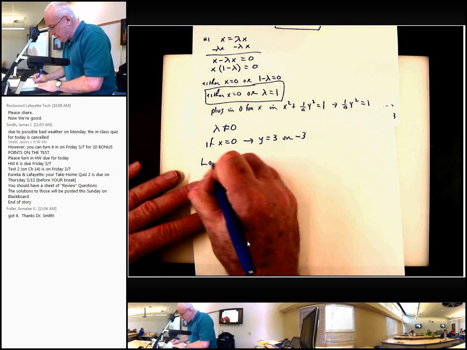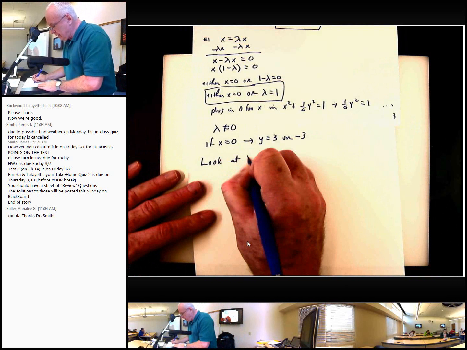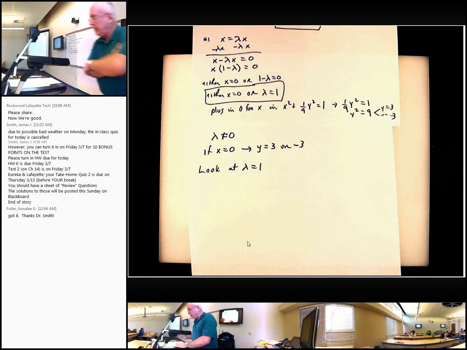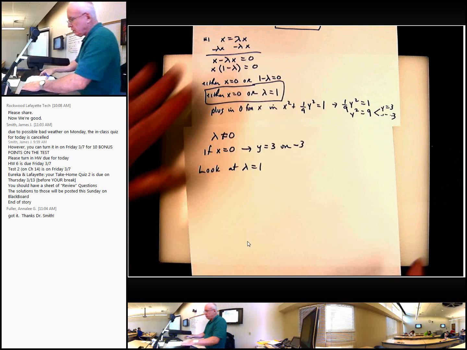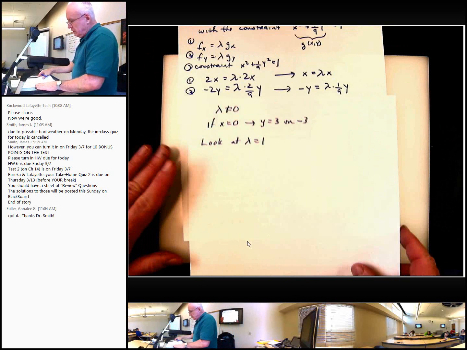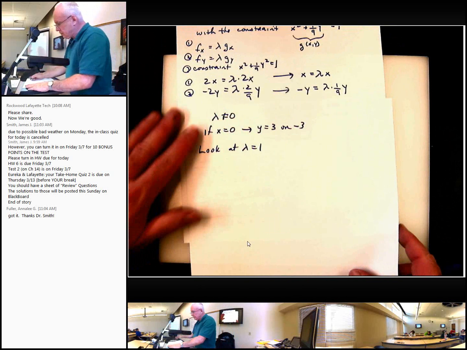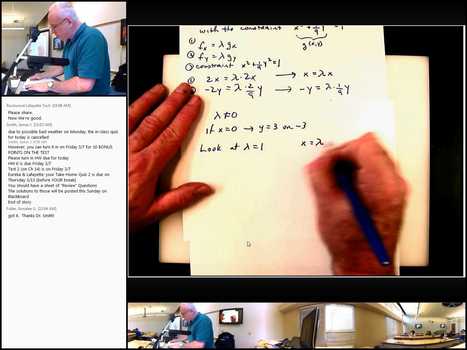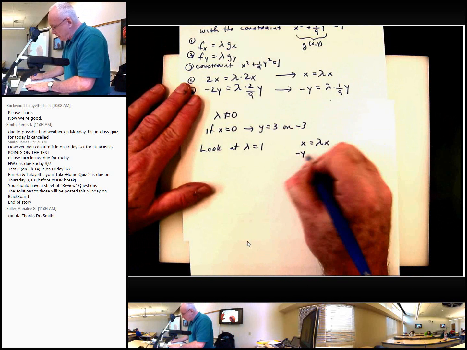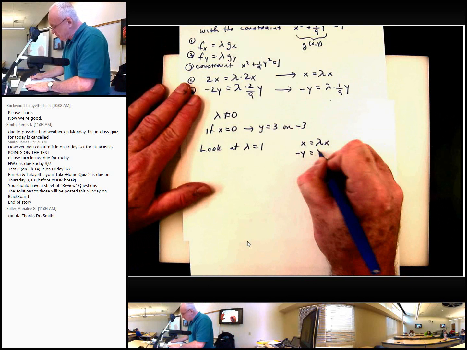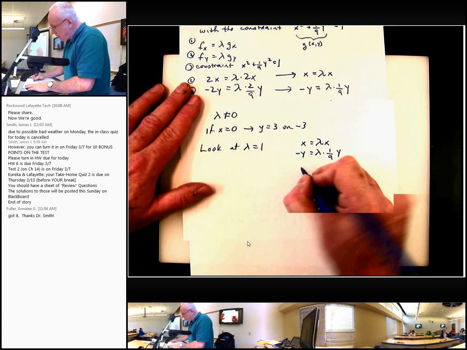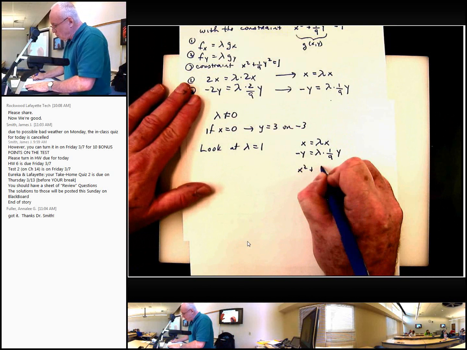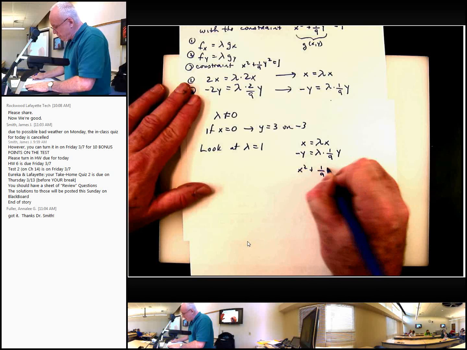Now let's look at lambda equaling 1. Our equations are this: x equals lambda x, negative y equals lambda times 1/9 y, and x squared plus 1/9 y squared equals 1.